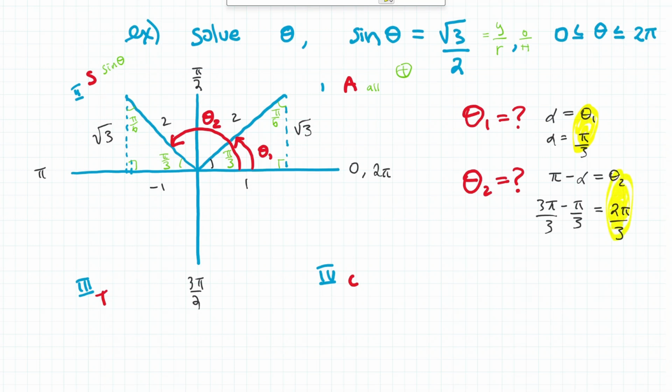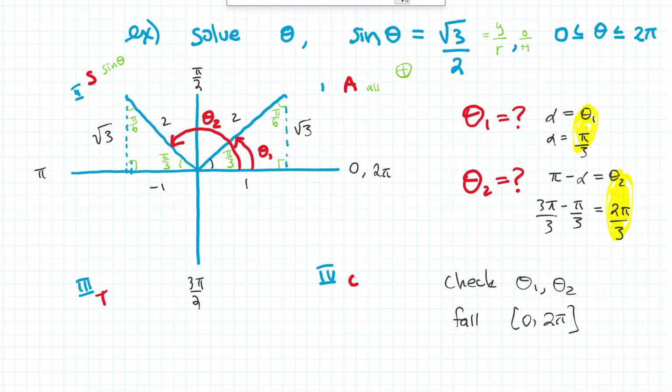And like I said, as a final step, you can always go back and check that theta 1 and theta 2 fall within our domain between 0 and 2 pi. And we can see through observation that they do. So just a little extra trick.